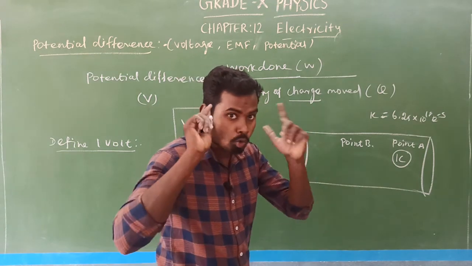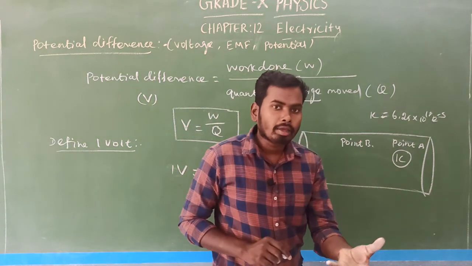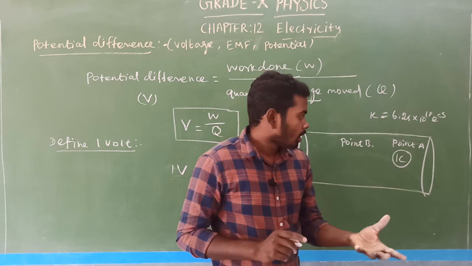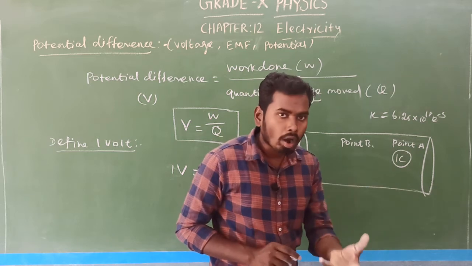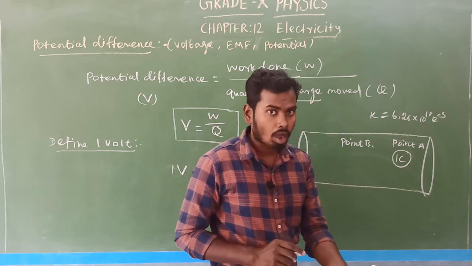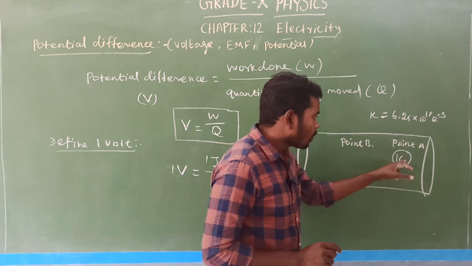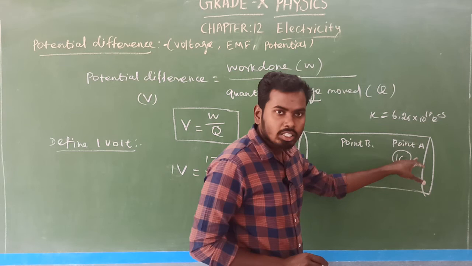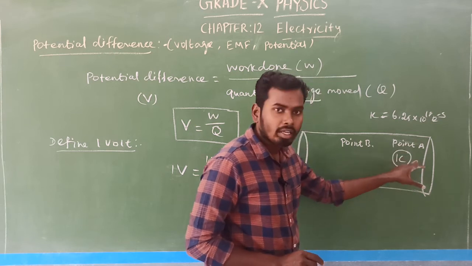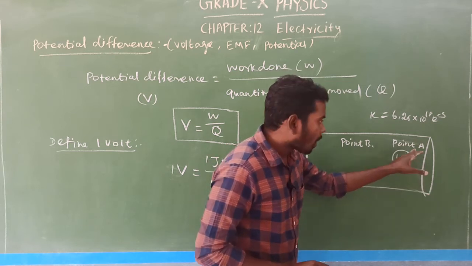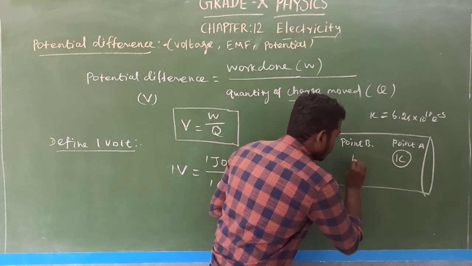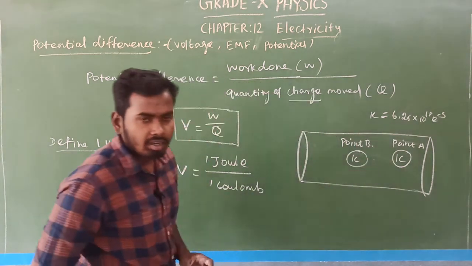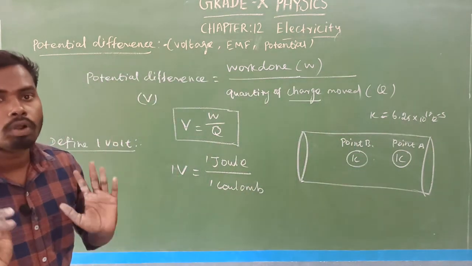Now come to the concept, very easy. If you apply 1 joule of work, or 1 joule of energy, on the 1 coulomb of charge placed at point A to bring it from point A to point B, that is called 1 volt.